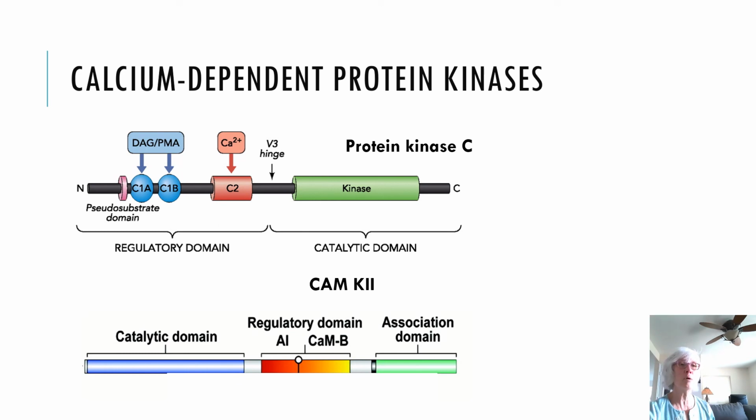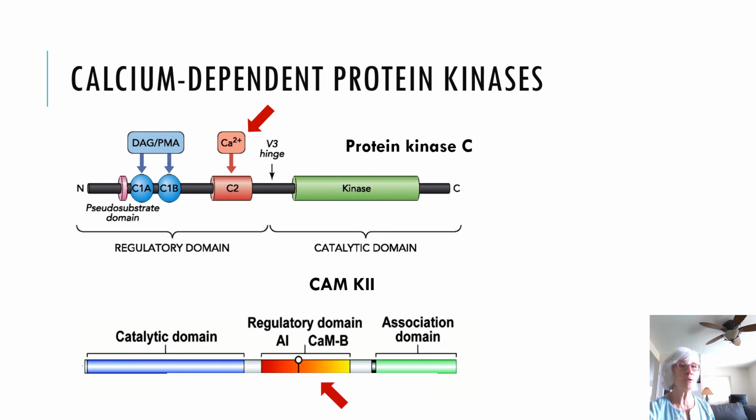We've seen that before when we were talking about synaptic transmission. Now the calcium that's going to enter into the CA1 cell is going to bind to either protein kinase C or CAM kinase 2, or CAMK2 it's sometimes called.